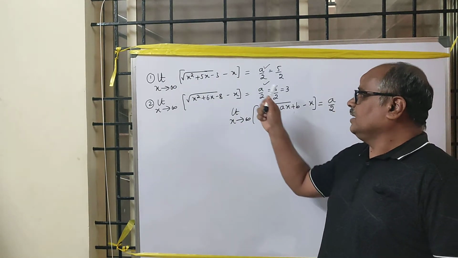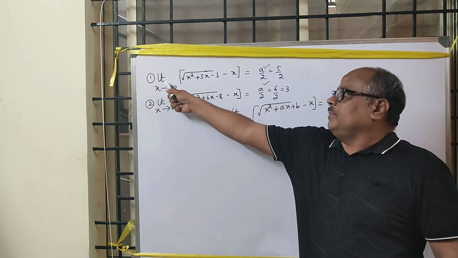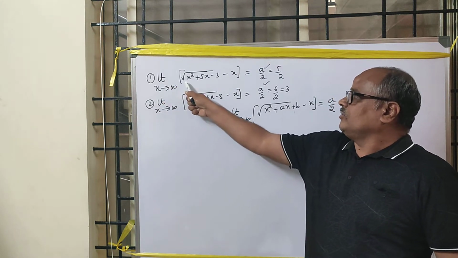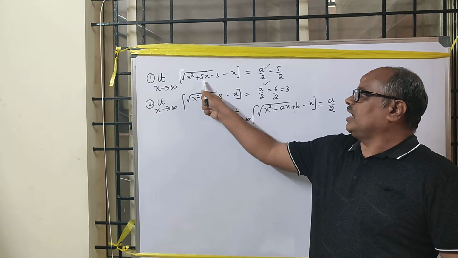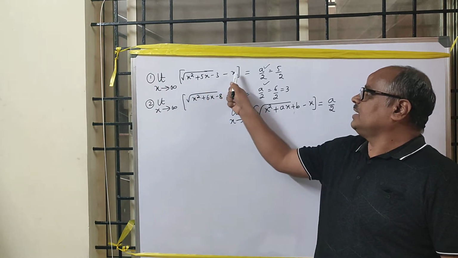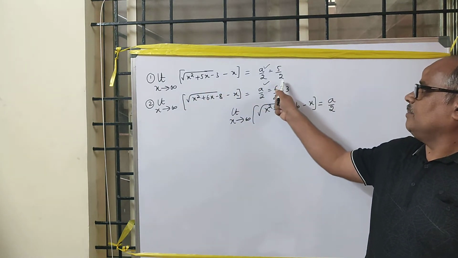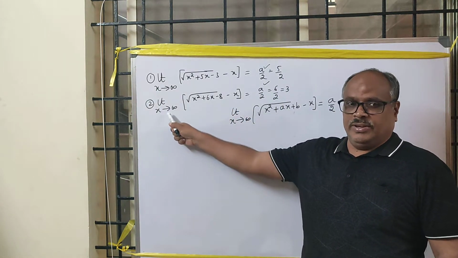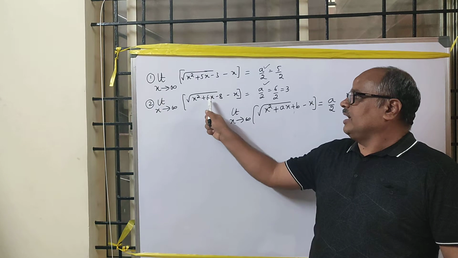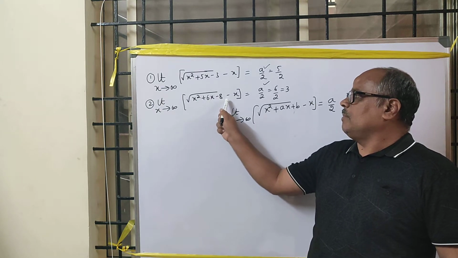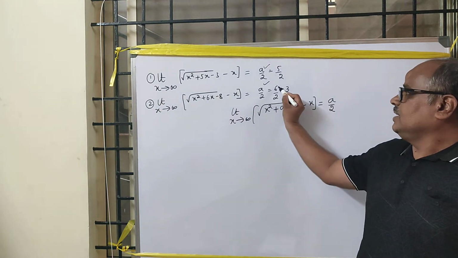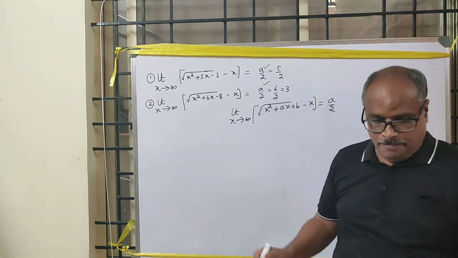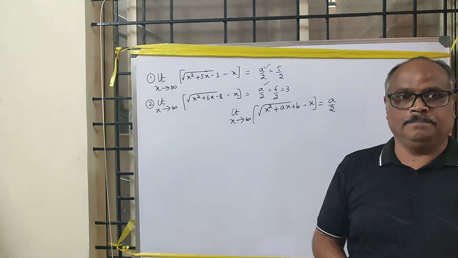According to that, the value of limit x tends to infinity, square root of x square plus 5x minus 3 minus x should be equal to 5 by 2. Similarly, limit x tends to infinity, square root of x square plus 6x minus 8 minus x is 6 by 2, which should be equal to 3.